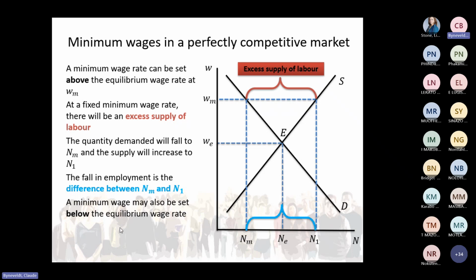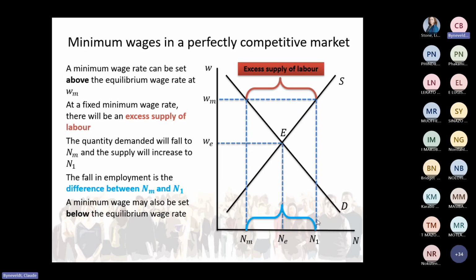Now, for a minimum wage to have an effect on the labor market and to be of benefit to workers, it must be set above the equilibrium wage rate. If you look at this example here, on the y-axis is the wage rate, the price of labor, and the number of workers is on the horizontal axis.